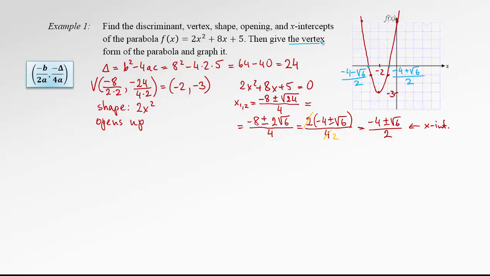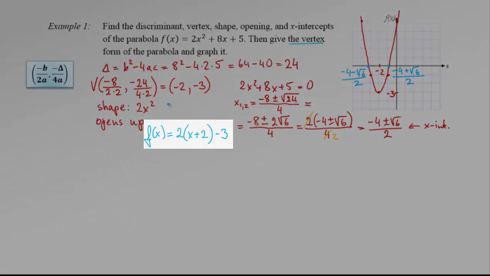Finally, let's give the vertex form of our parabola. So the function f can be written as a, which is 2, then bracket x minus the first coordinate of the vertex, which is negative 2. So since we have minus negative 2, we can write plus 2, and then plus negative 3, so it's really minus 3 in the end.